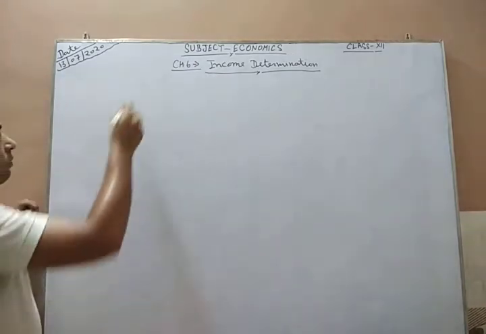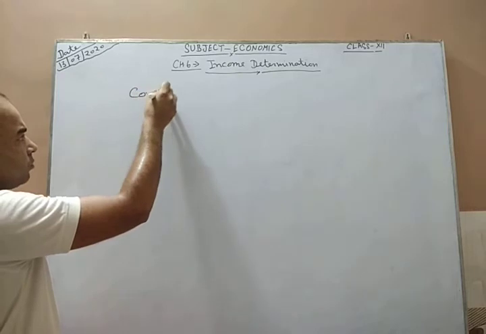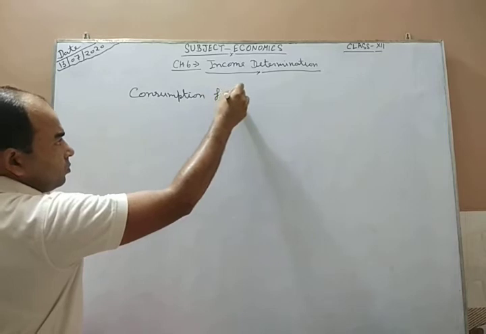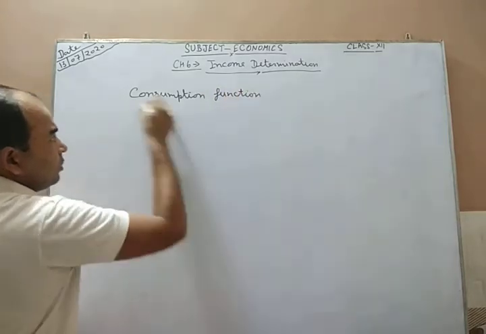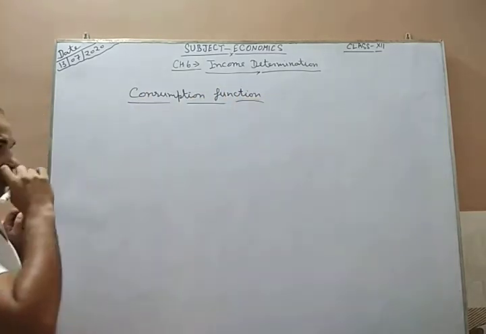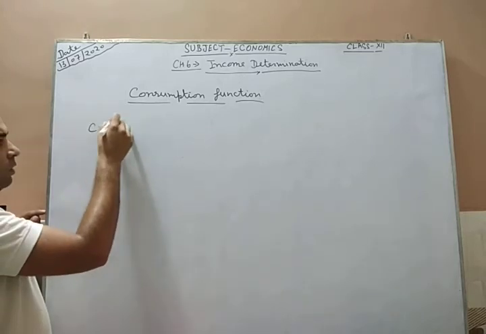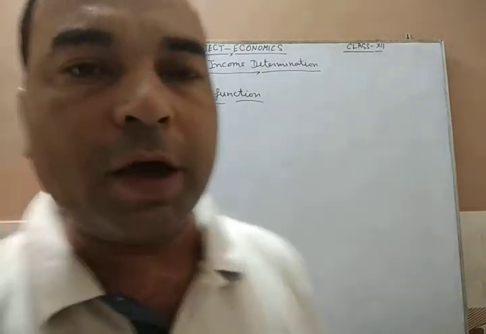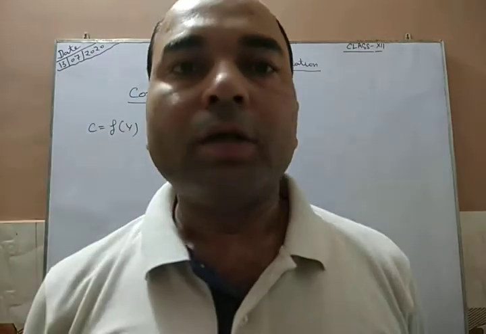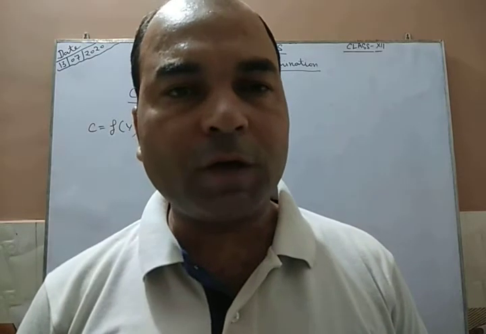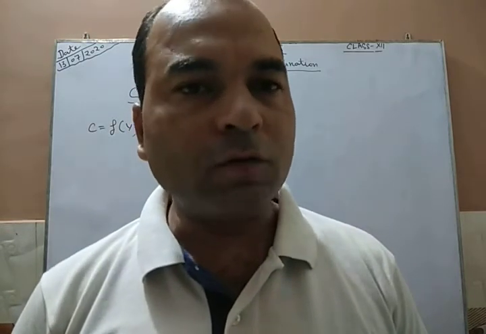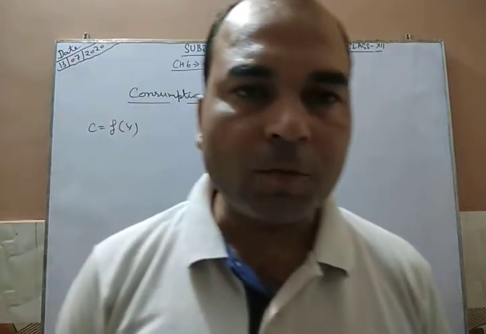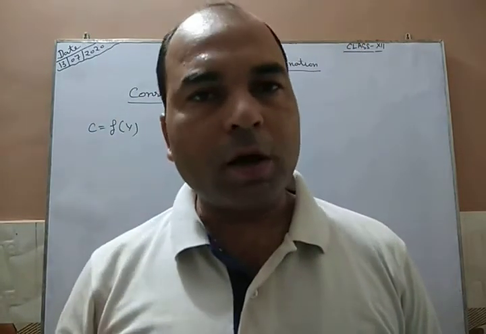Yes, what is the consumption function? This is clear to students? In the consumption function, C is equal to a functional relationship with Y, and Keynes says, in Keynes's terminology, that when income is increasing, then consumption is also increasing, but in a lesser proportion, because some part of income goes to saving.